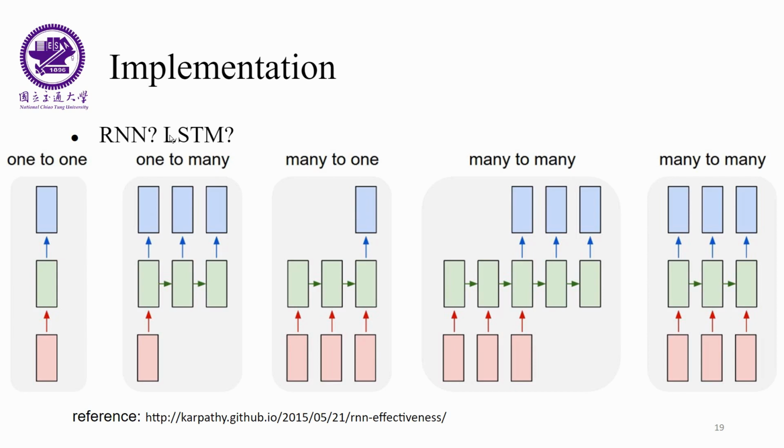There are many types of RNN: one-to-one, one-to-many, many-to-one, many-to-many, and another version of many-to-many. Basically, lstm is quite similar to RNN, but inside each neuron there is a different computation method, a little bit more complicated.